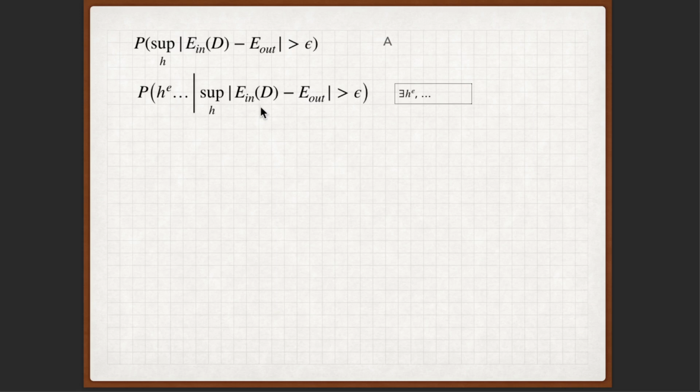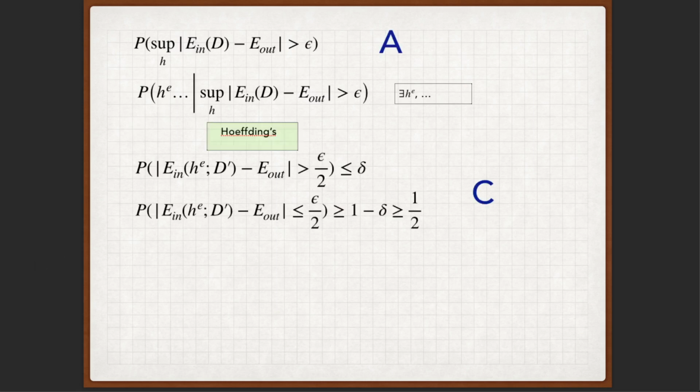When we evaluate HE on the training data sample, we will get an in-sample error that is very different from the out-of-sample error of HE. So when this event happens, we will be able to find such an HE. Let's consider the consequences of having such an HE.